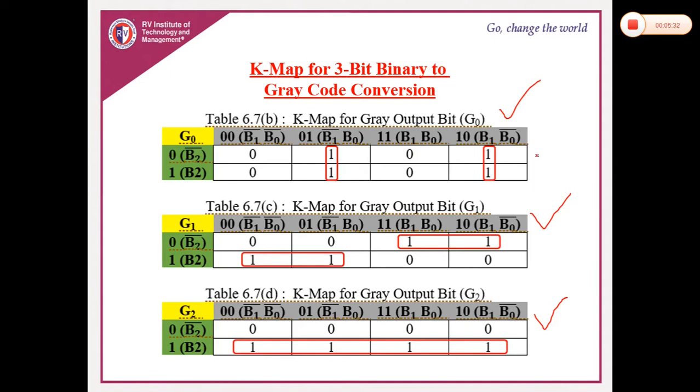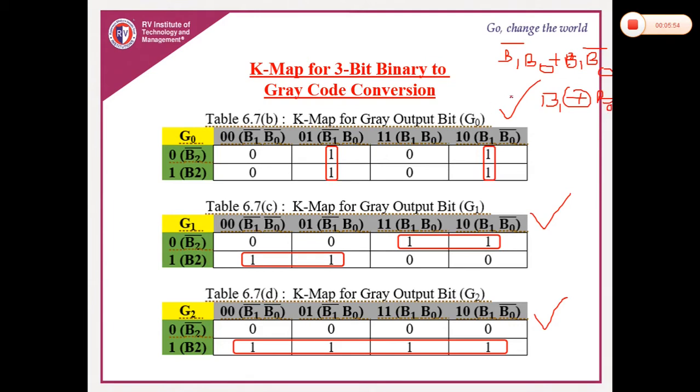If you see the realized expression, it is B1 bar B0 plus B1 B0 bar, which is nothing but the XOR operation between B1 and B0, B1 XOR with B0.